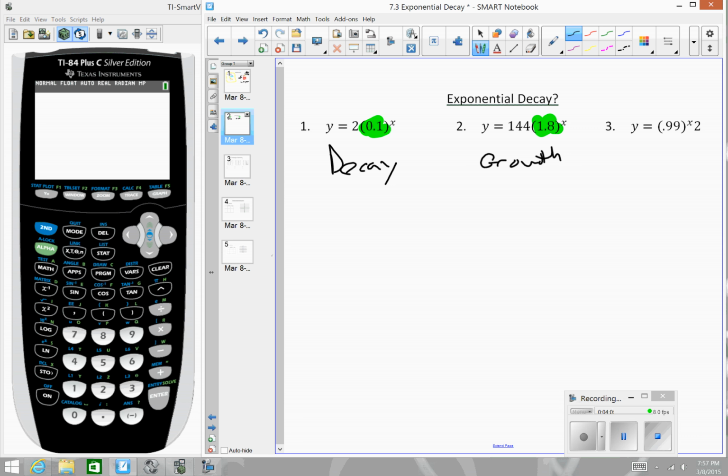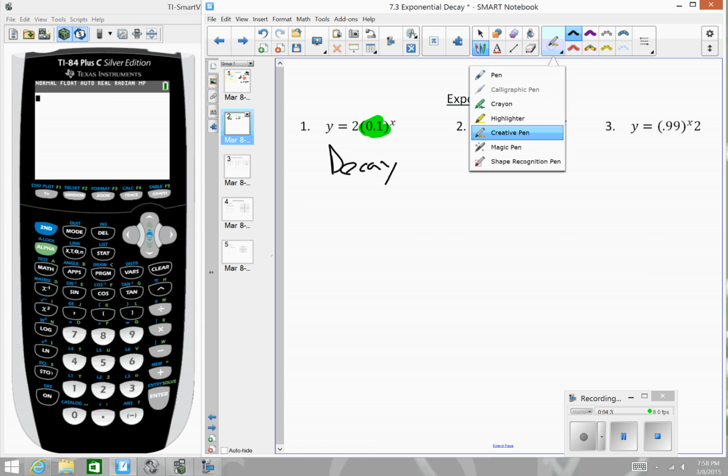Okay, good. Got to work on my penmanship here. All right. And lastly, let's look at our growth or decay factor here. Our decay factor is going to be the number that is being raised to the x. So the number that's being raised to the x is 0.99. Now this is a little tricky one.